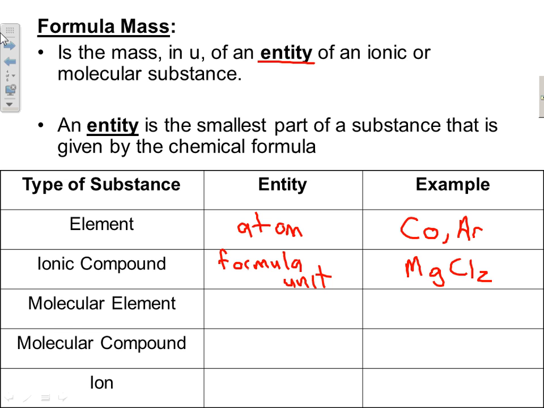For a molecular element, it's called a molecule, and that's true for a molecular compound as well. We call these molecules. Remember, they're the things that are bonded together, with single and double and triple bonds. A molecular element would be H2 or O2 or F2.